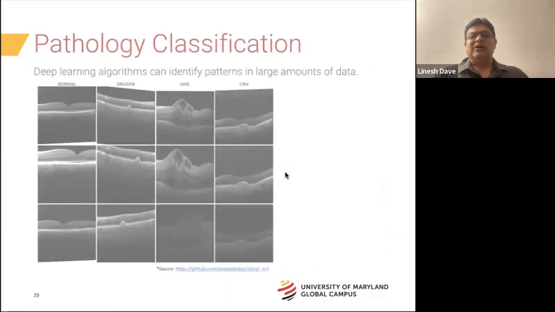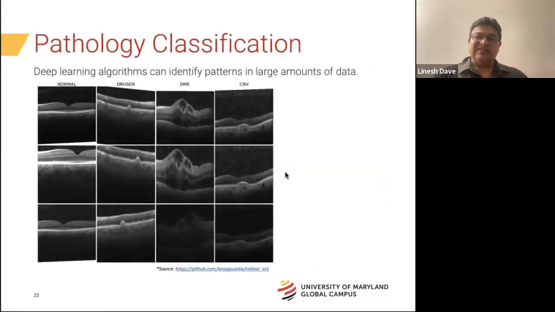Another cool project is on pathology classification. One of the biggest beneficiaries of this technology in general is medical science, as you all know. Using deep learning techniques, throwing images to a model and coming up with the possibility of certain diseases or health conditions, is becoming so popular.